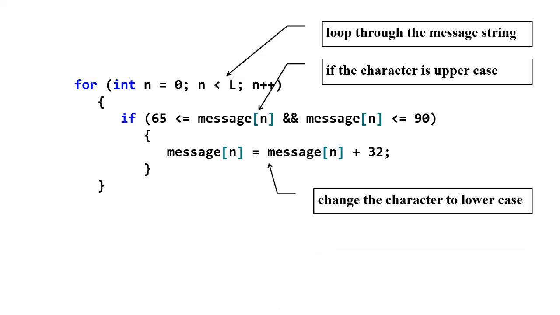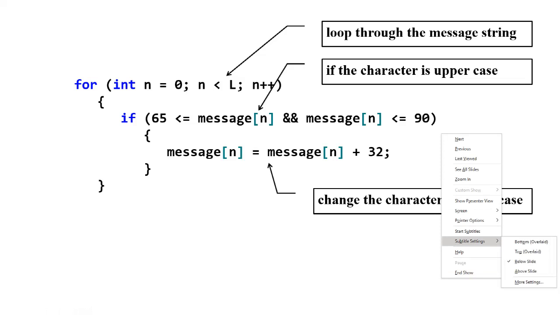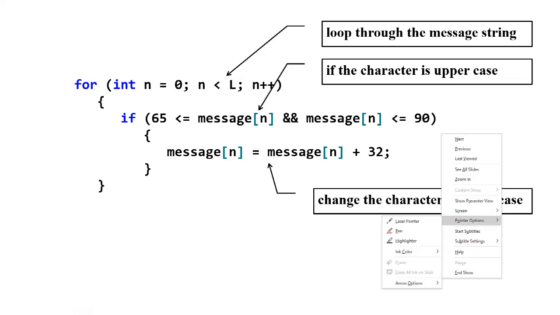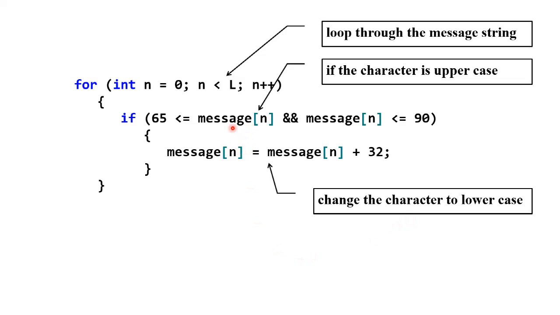And if it is an uppercase character, we simply add 32 to the character, and that will convert it to a lowercase character. So for whatever value of n we are looking at, if that is an uppercase character, we will take that character and add 32.